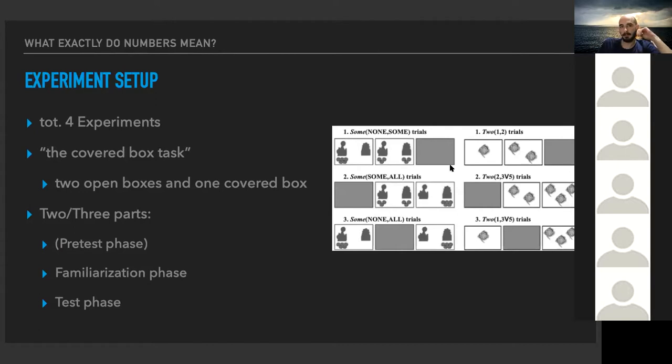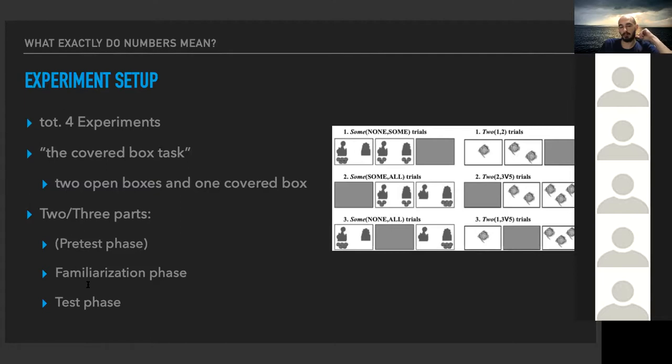The procedure is pretty easy as well. There are 2 to 3 phases. The pre-test phase tested whether the children were appropriate representatives for the studies. So they were tested on the knowledge of numbers and scalars. Then there was the familiarization phase. That was the same for both children and adults. So just for them to get to know the task and to also see if children were capable of picking the right box.